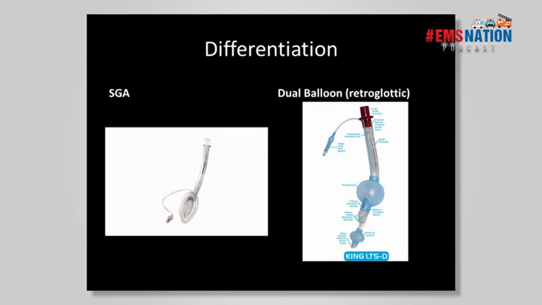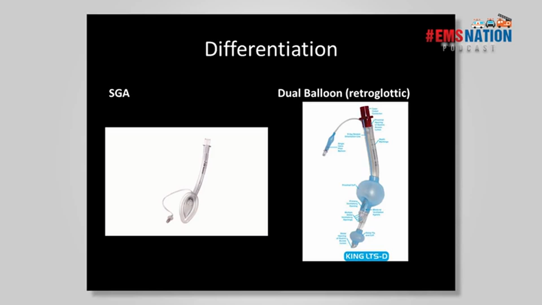So now, as a group, going forward, let's use these terms a little bit more appropriately with a little bit more nuance, so that when we communicate, we all know exactly what we're talking about. Okay? So extraglottic devices are all of the invasive airway devices that do not go through the glottis. They can be further delineated into superglottic devices, or superglottic airways, and dual balloon devices.